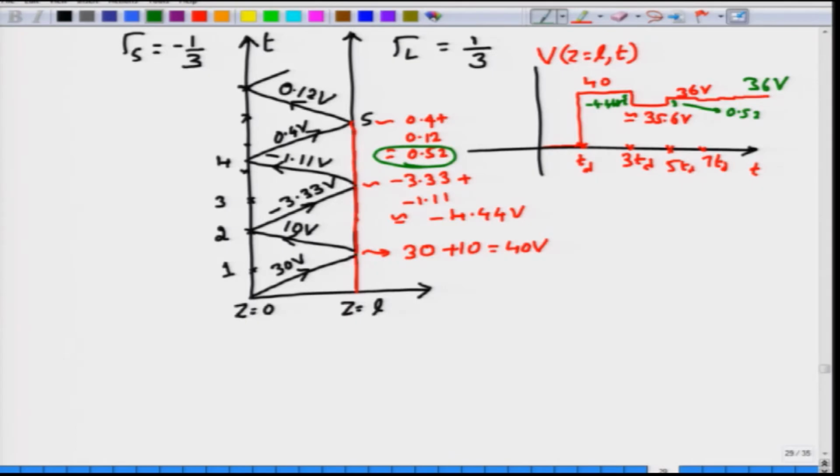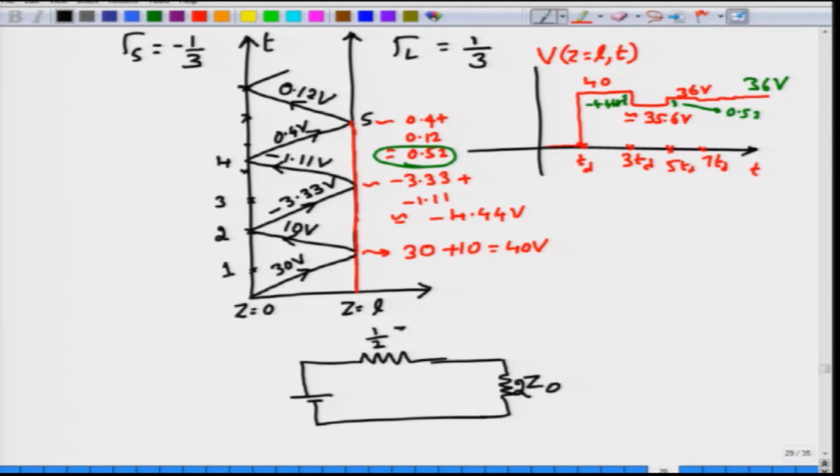Is our conclusion correct? Do we expect that this is going to 36 volt? Let us verify it. The line is a lossless transmission line. At time t equal to infinity, the effect of the transmission line should not be present, and it is as though the load is directly connected to the source itself.